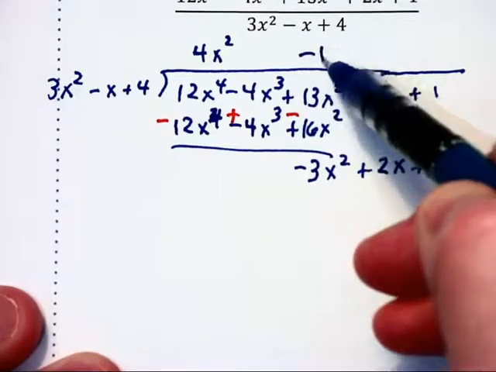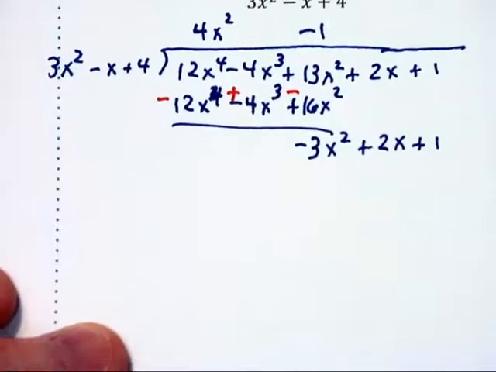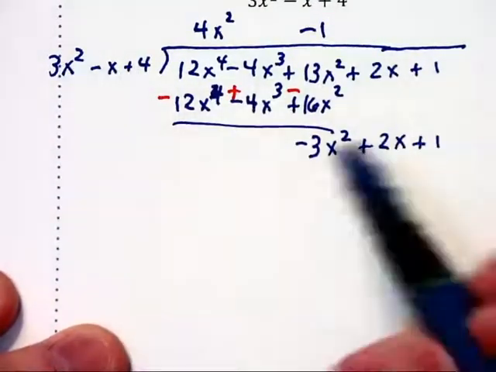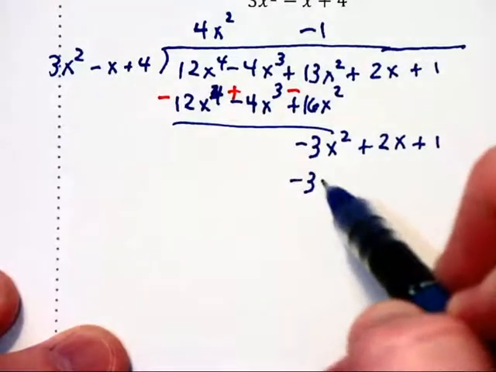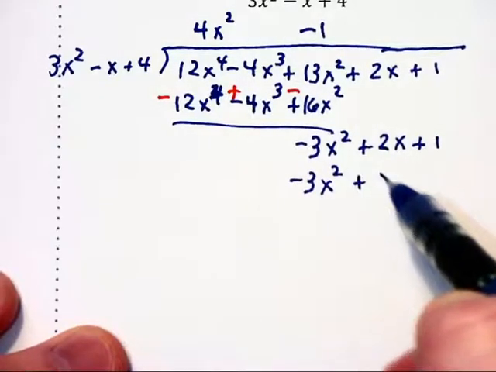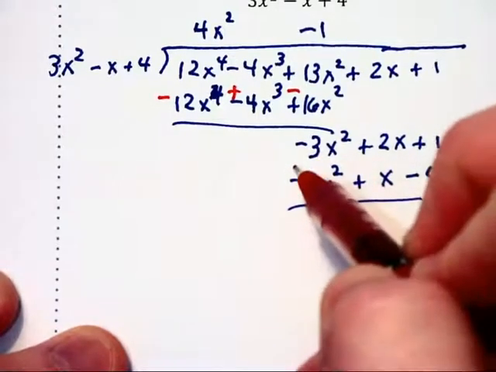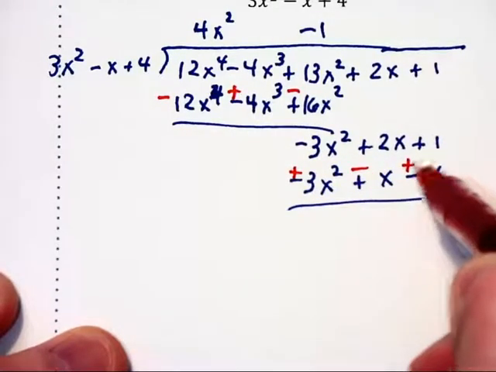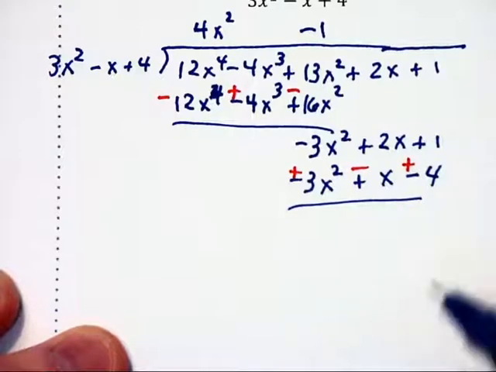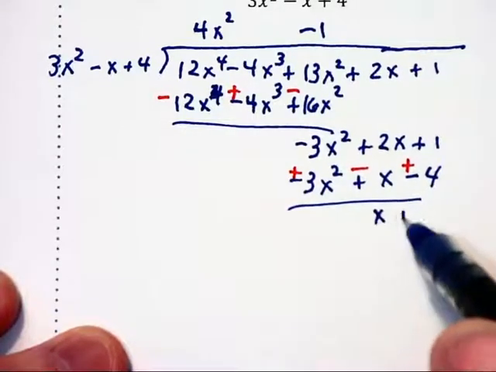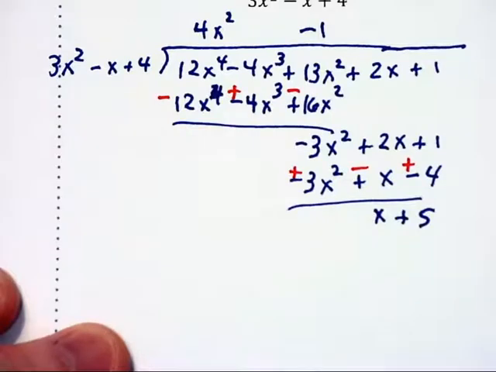Multiply by negative 1, so the negative 1 goes up on the top there. That negative 1 distributes to everything on the side, giving us negative 3x squared plus x minus 4. Add the opposite, change this to a plus, a minus, and then a plus. And it looks like we're going to have x plus 5 as the remainder.